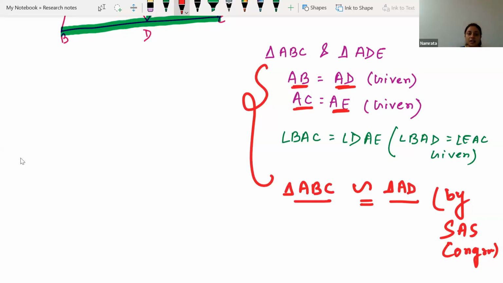If I am writing AC like this, AE must come like this. And angle also I have to check whether it is coming in the triangle which we have written. So angle A from here is equals to angle A from here. Both the A are at same place. Yes, we are okay with the name of the triangle. Can you see how I am writing the name?